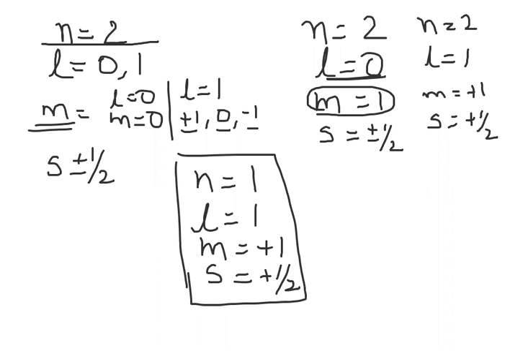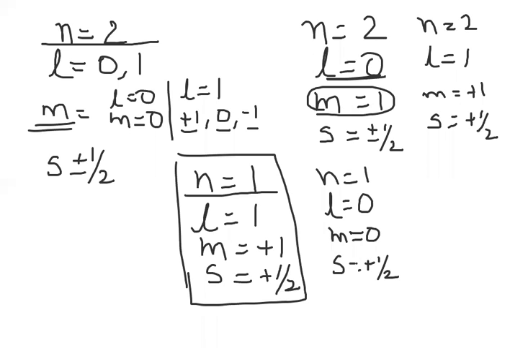Because when n is equal to 1, the permissible value for l is only 0. So it has to be only 0. And when n is equal to 1, l has to equal 0, m has to equal 0, and s can equal +½ or -½, that depends upon which electron is entering that orbital.